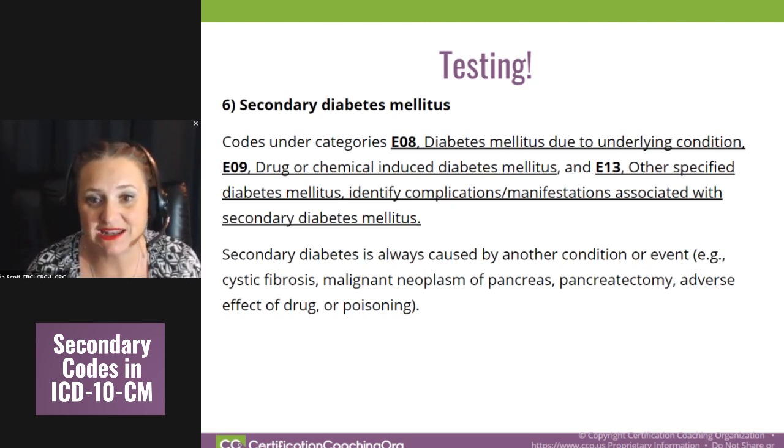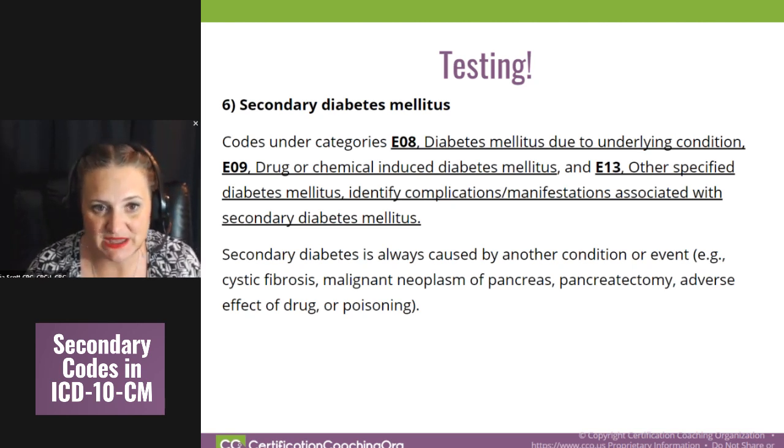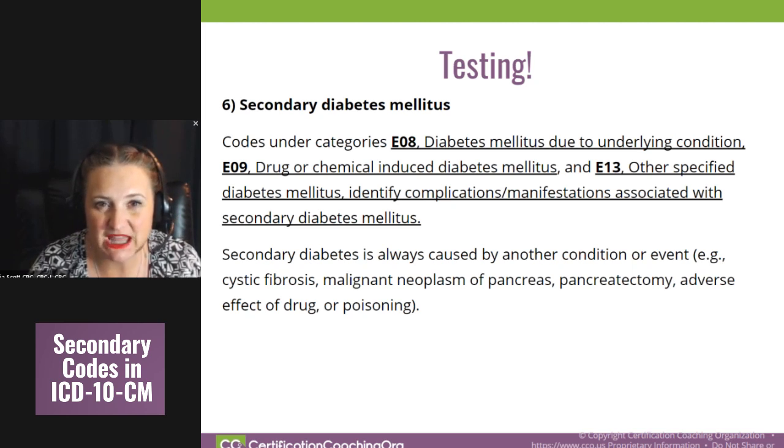When in actuality, E13 is other specified diabetes, identifying complications and manifestations associated with secondary diabetes mellitus. So they would not have had diabetes unless this happened. Same thing with E08.